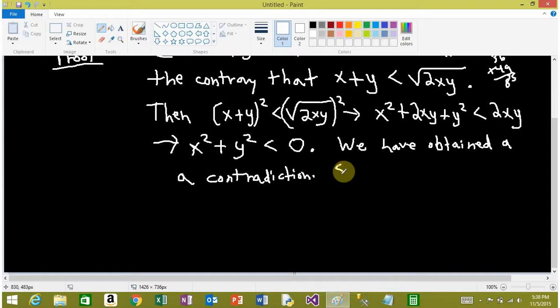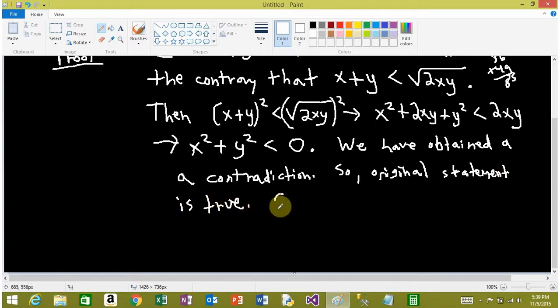And then we can say, so the original statement is true. And then we can put a stamp of QED on that one.